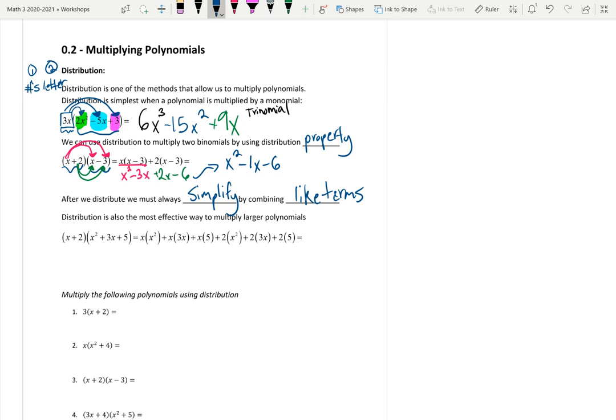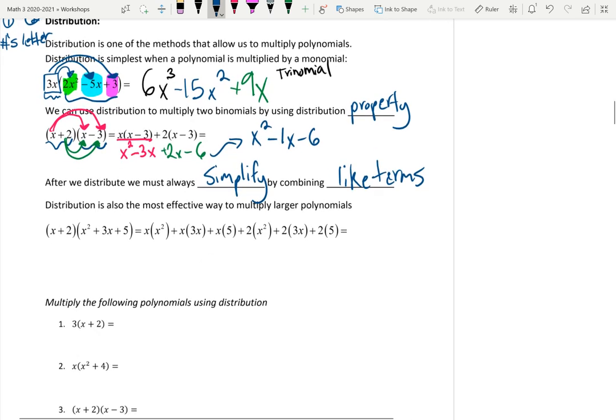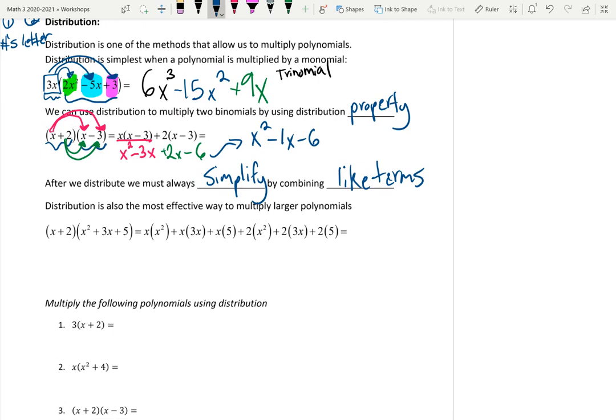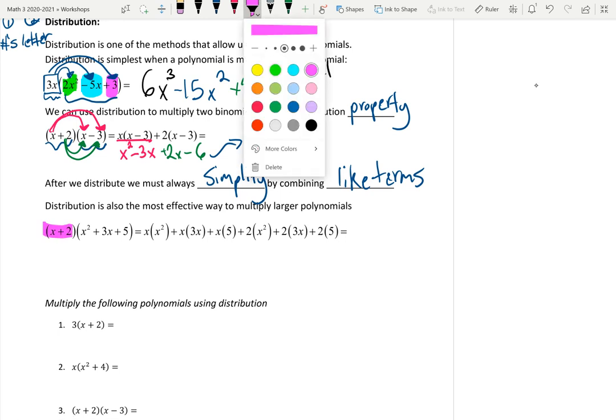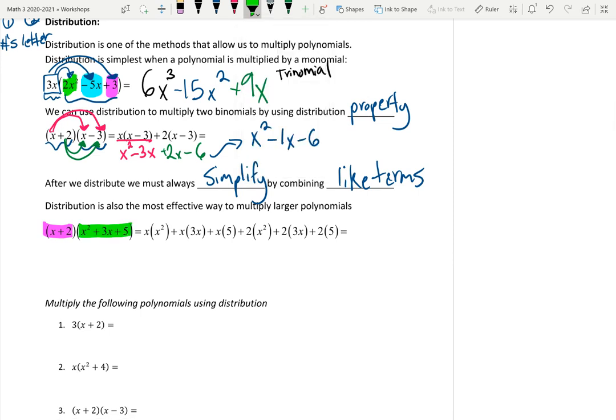And notice how I wrote it in descending order, where my exponents are getting smaller. I always put the biggest exponent first. Now, below is simply the distributive property on steroids. You can see I have group 1. I want to multiply whatever this number is by whatever this number is.